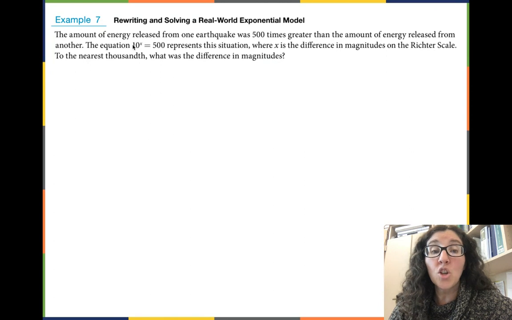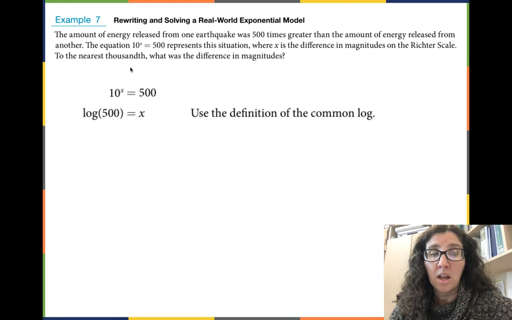Okay, so this is what the Richter scale is. It's a logarithmic scale. If the difference in magnitudes is 500, 10 to what power equals 500? Well, this is a log problem, and this is the same equation we started with: 10 to the x equals 500. Let's write this in logarithmic form, because we didn't know how to solve this, but now we do.